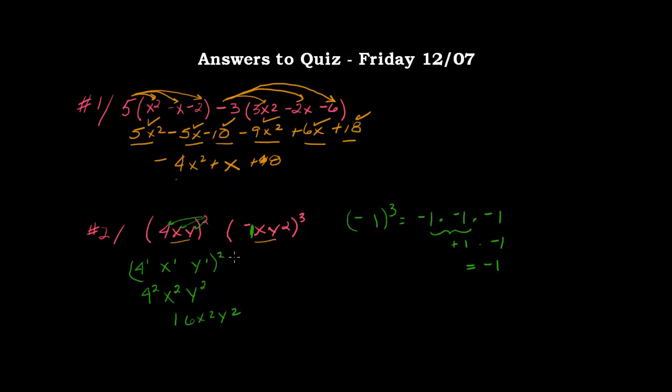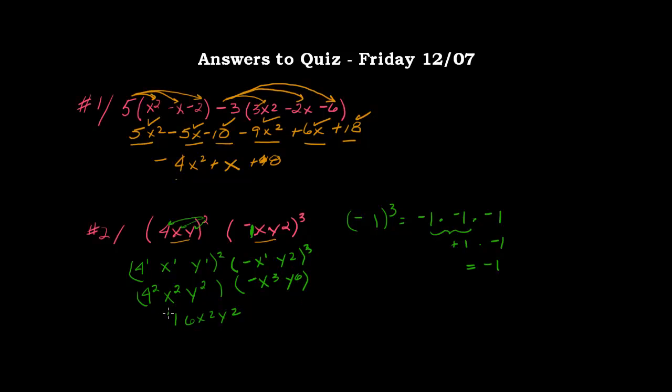So back over here, this is parentheses negative x to the third is x to the 1. And this is y to the second, all raised to the third. So this becomes negative x to the third, y to the sixth.